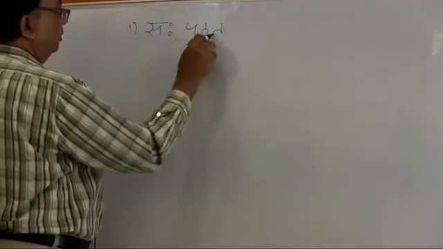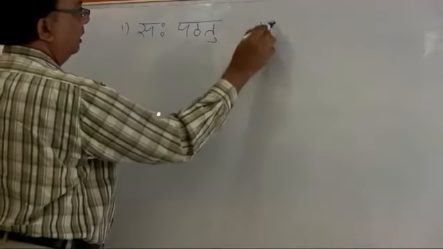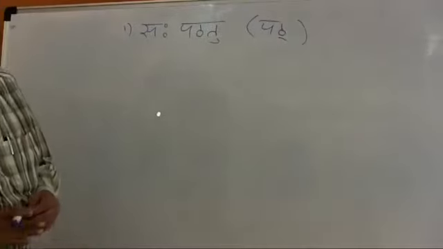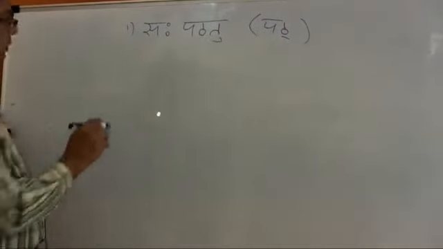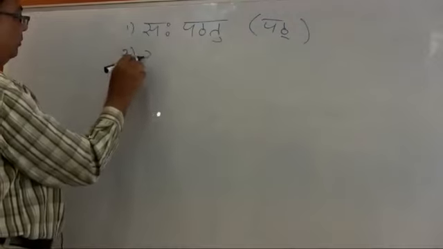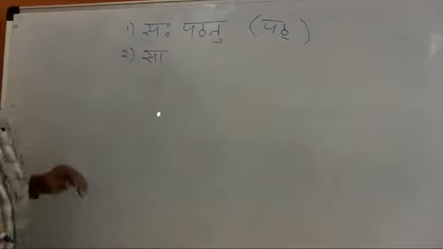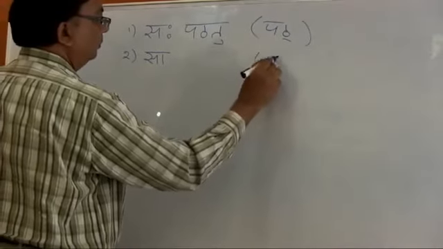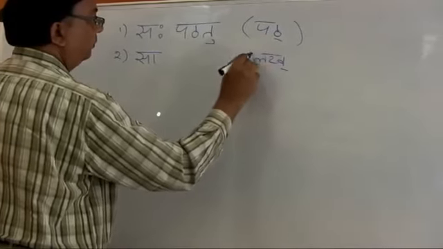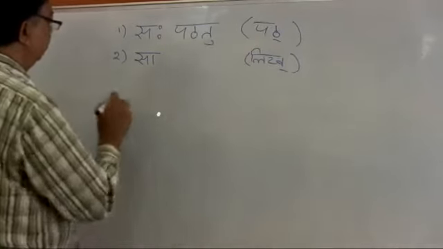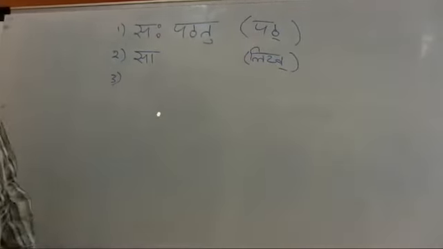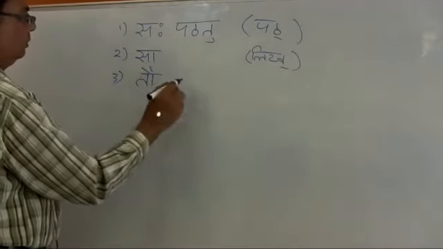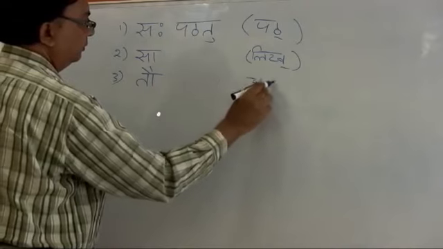It is already given in the book. The verb is given like this in the bracket, pata. Second one, Sa, the verb is Likha. Third one is given, Tau Charcha.